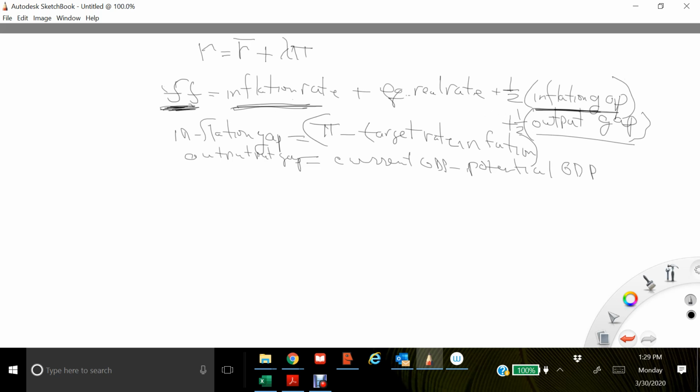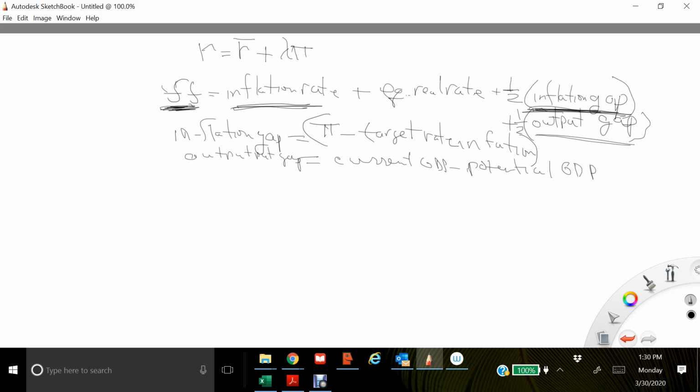Why do we set these parameters this way? If you have high inflation, you want to reduce that. You do that by raising interest rates, and that will reduce investment, lowering output, and reducing inflation.